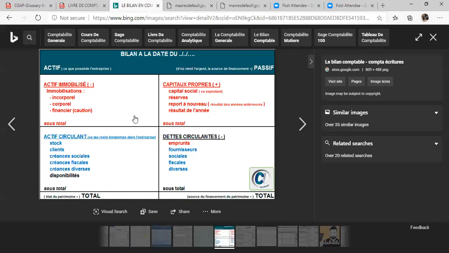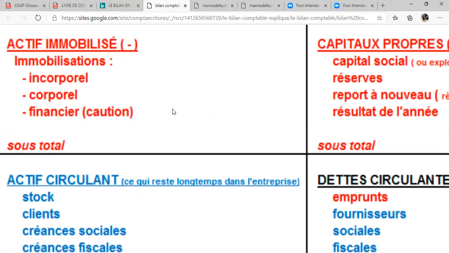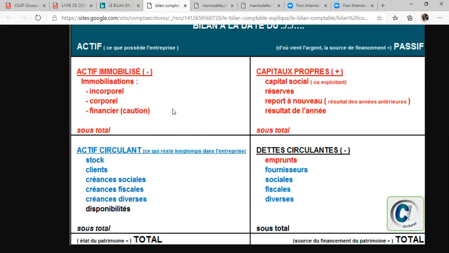Voila. This one shows the subdivisions, how exactly we place things. Like I said before, we have subdivisions. Starting from the actif immobilisé, the left-hand side, we have immobilisation incorporelle and corporelle.